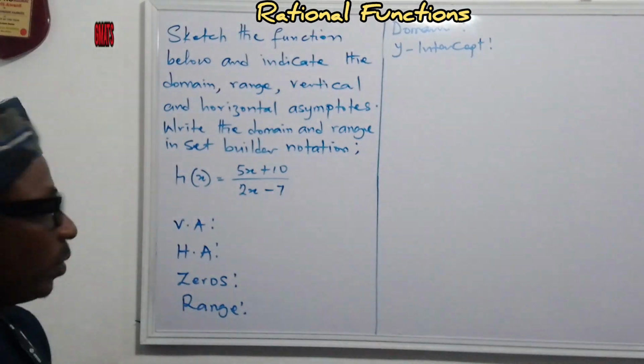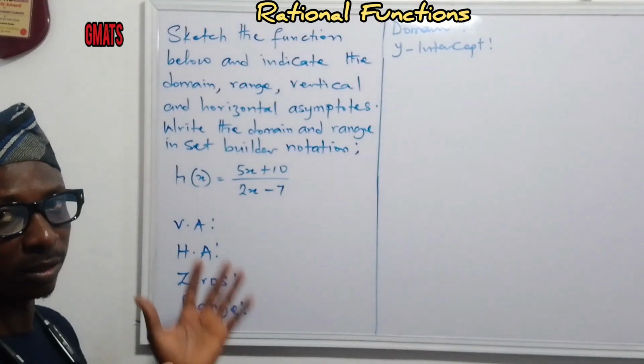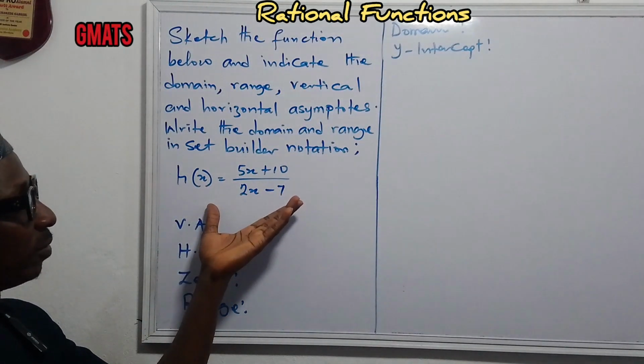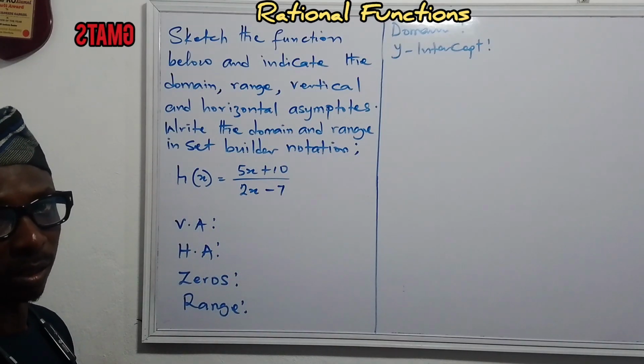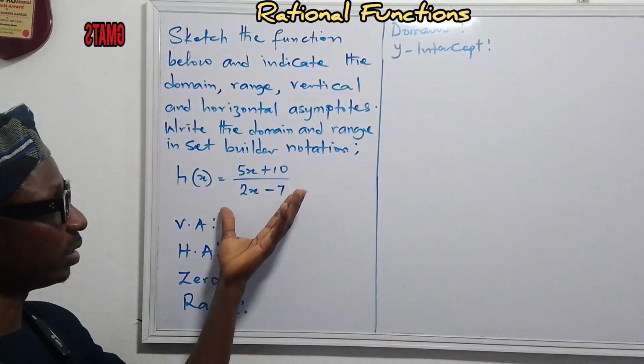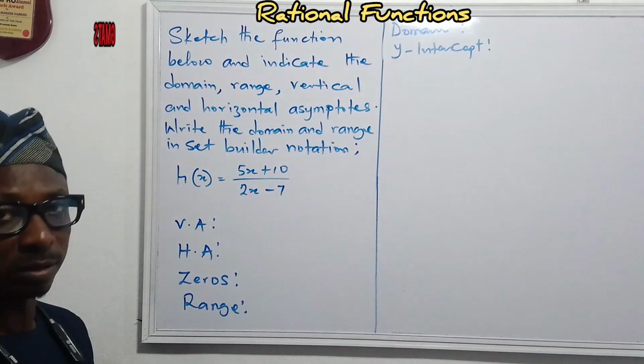Okay, now how do we get the vertical asymptotes? It is when this function is undefined. When this function is undefined, that is when we have the vertical asymptote. So how do we make this function undefined? It is only when the denominator here is 0.